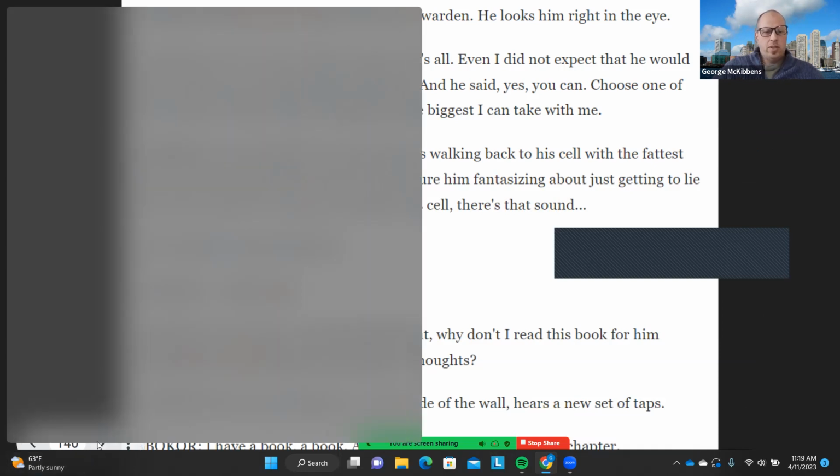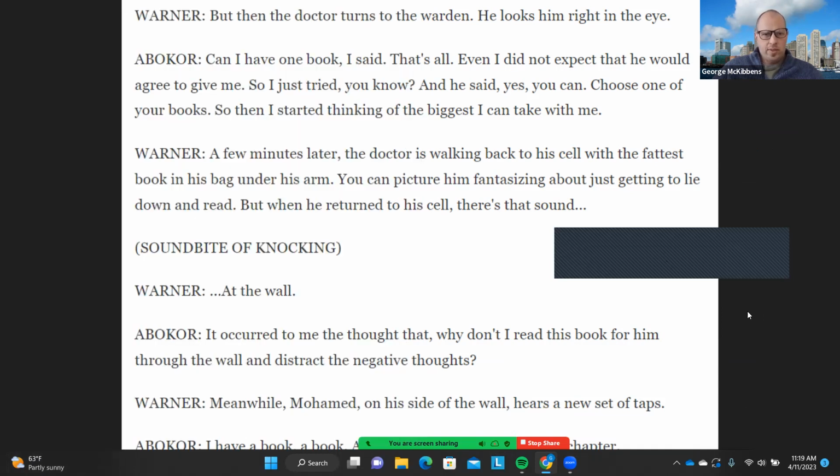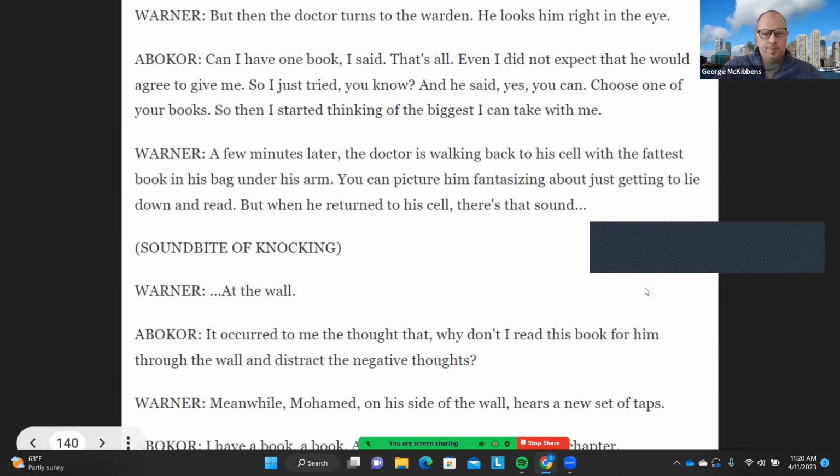He could just lie there and read the book and enjoy himself and ignore Muhammad, but instead he's going to all of this trouble to tap each letter of each word on each page, this entire book, to give Muhammad this sense of escape in this horrible place.